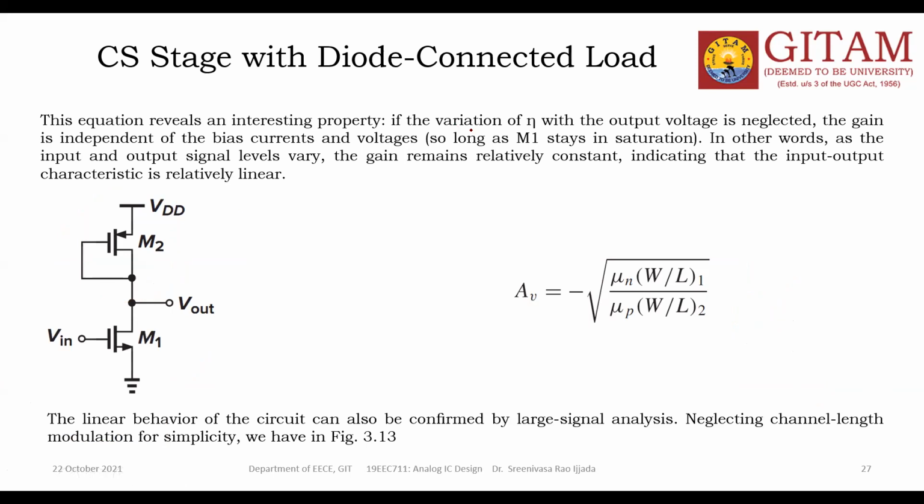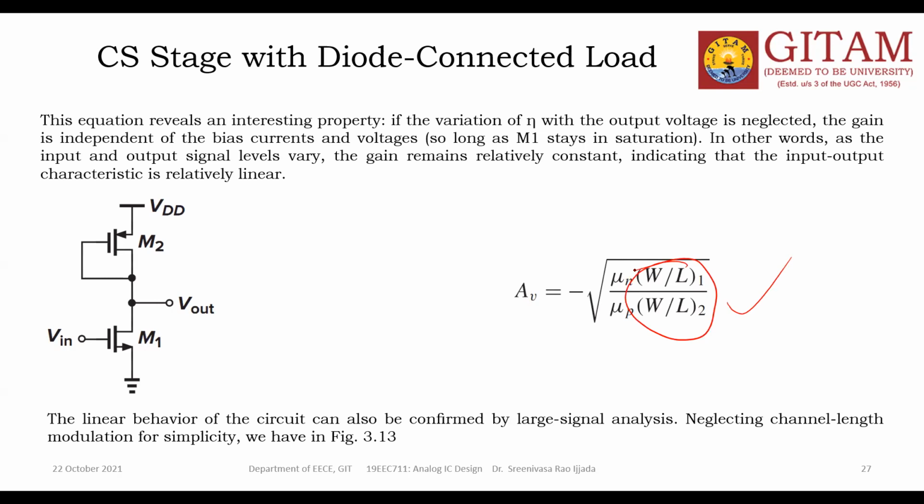If the variation of eta with the output voltage is neglected, meaning the 1 by 1 plus eta term is removed, then the gain is independent of the bias currents and voltages, because it purely depends on the device geometry.